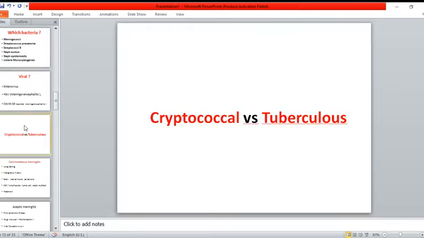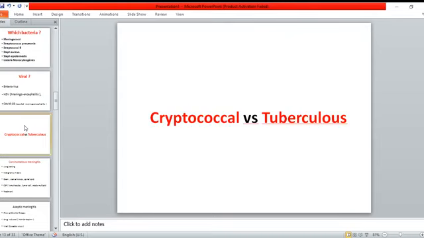Cryptococcal meningitis usually shows a high opening pressure, even reaching above 40, so you have to think of cryptococcal if you have a very high opening pressure. Both can show cranial nerve involvement, but cryptococcal is associated with high intracranial pressure and maybe some edema on MRI or CT.